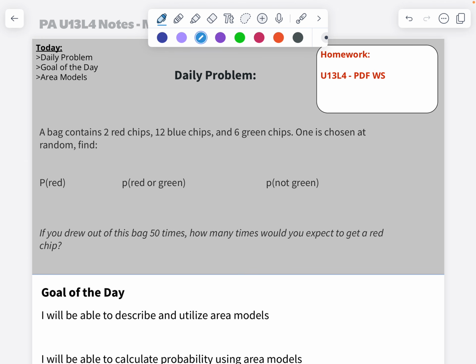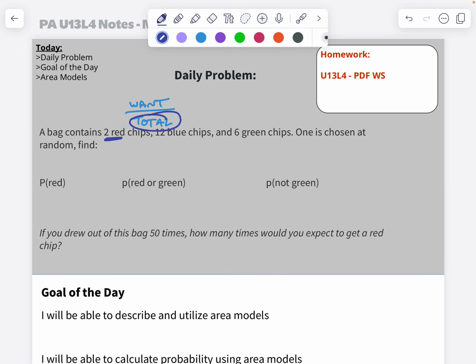I need to find the probability of pulling out these different chips from a bag. When I do probability, I want some certain outcome that's going to go on the top of my fraction, and then on the bottom of my fraction, I'm going to put the total number of possibilities. That's what I prefer to start with.